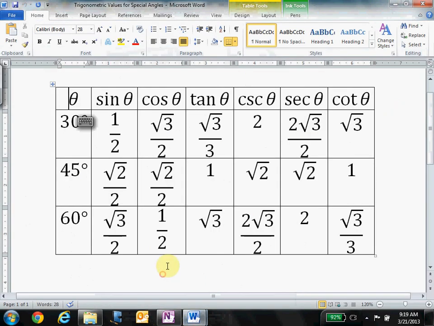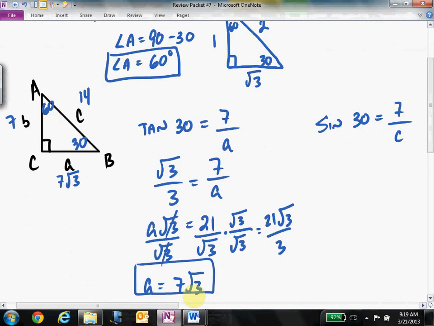I'm going to go to my table, look for sine 30 degrees, and I can see the exact value of sine of 30 degrees is 1/2. So I'm going to substitute 1/2 for sine of 30 degrees. I have two ratios that are equal to each other, so I can use cross multiplication. 1 times C is simply C. 2 times 7, that's 14. That's what we had here. Either way, our triangle is solved.